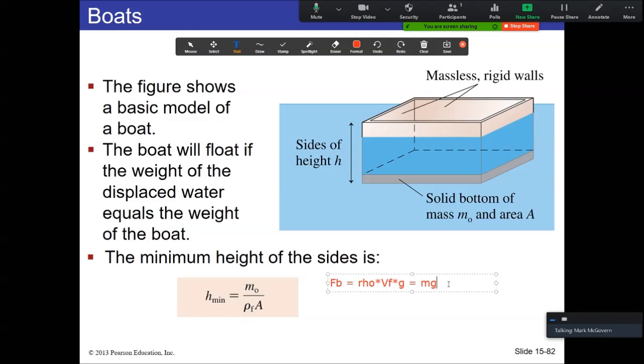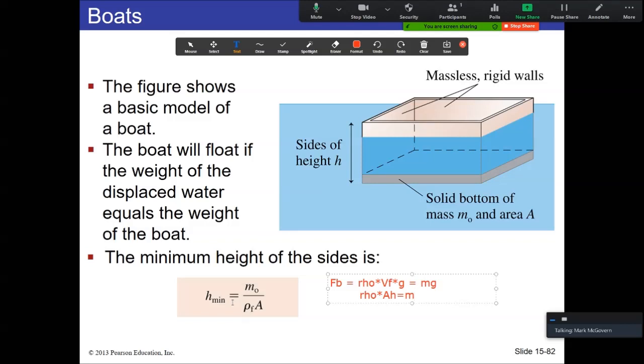For the volume, let's do a simple boat, a rectangular box. So it's going to be area times H, where H is the height of this thing. The g's drop out, and we're left with this relationship. Solve for H, and that's how we get the equation over here. This tells us the minimum height the sides need to be for us to be a legitimate boat.